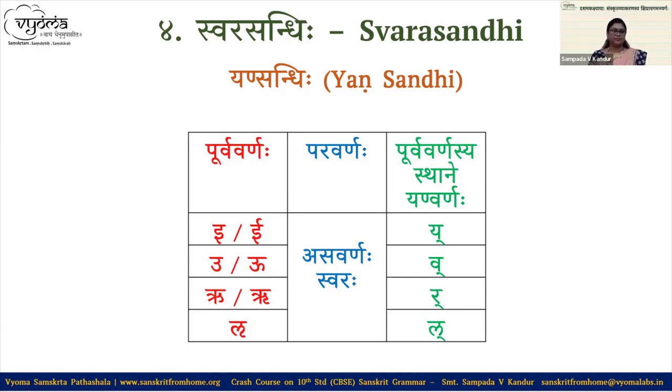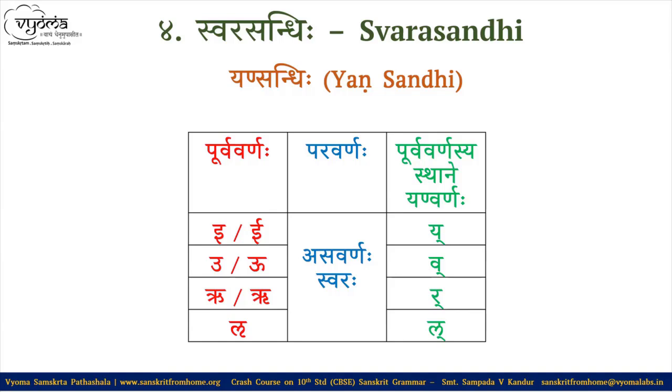Yes, Neha. I or I changes to Y, U or U changes to W, Ru or Ru changes to R, Lu changes to L. Very good. Dikshan. Dikshan, are you there? Yes, ma'am.